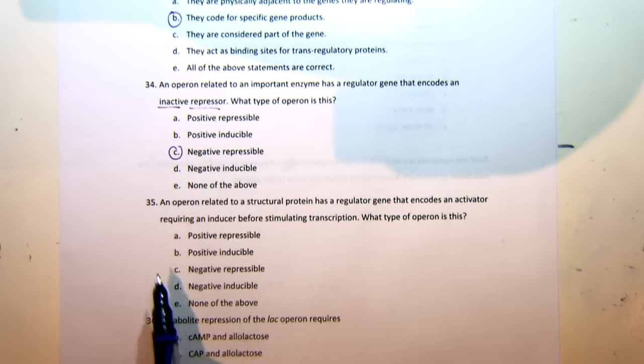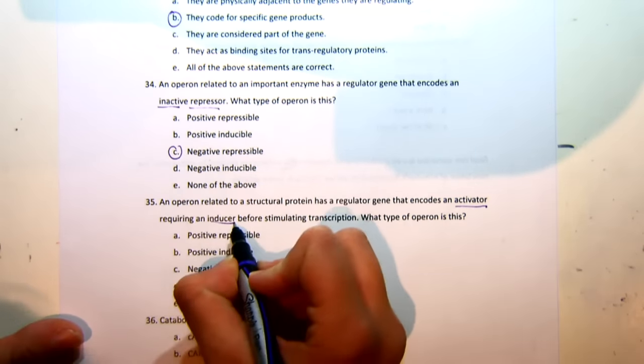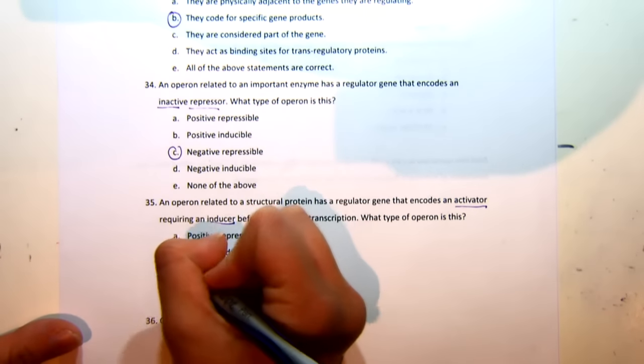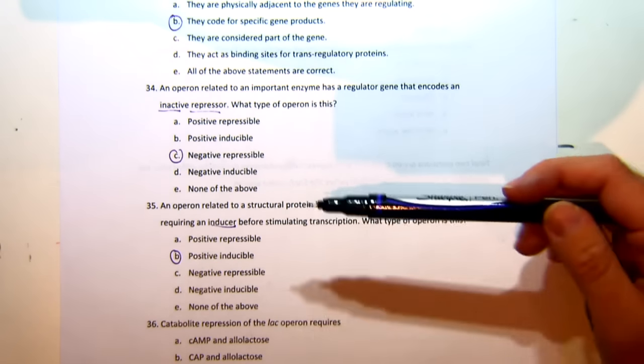If the next one's also similar, and this time we have an activator and an inducer, it was positive inducible. If it's inducible, then it needs an inducer, right? So that tells us that portion of it. And if it's an activator, that means it'll be positive.